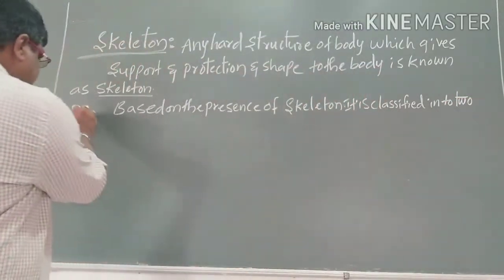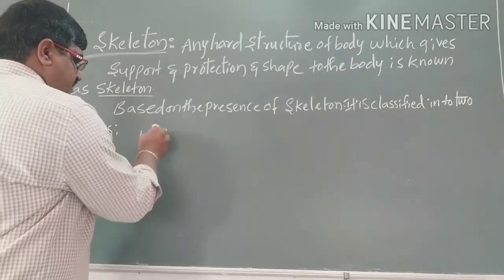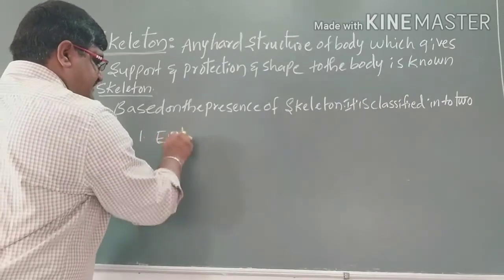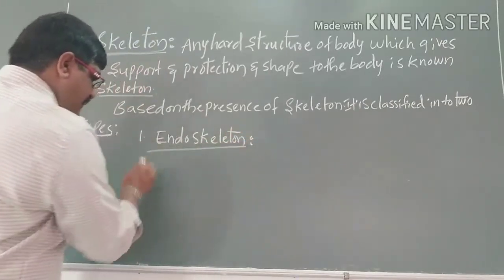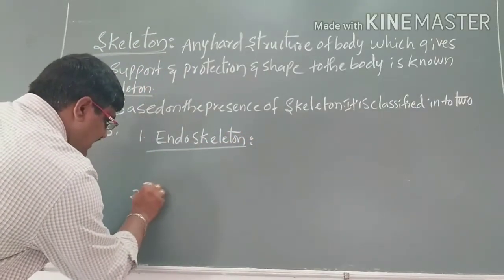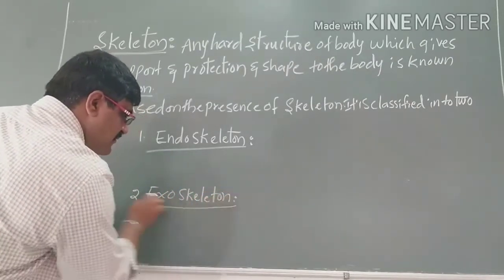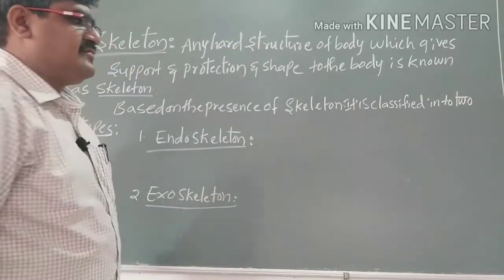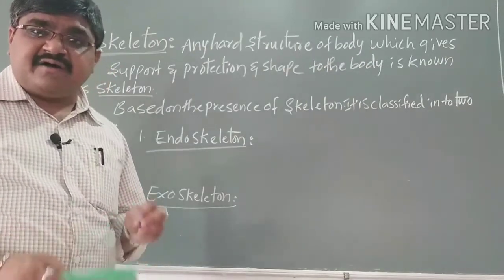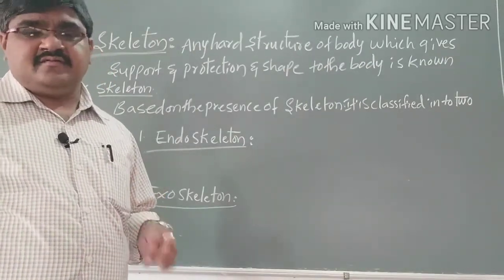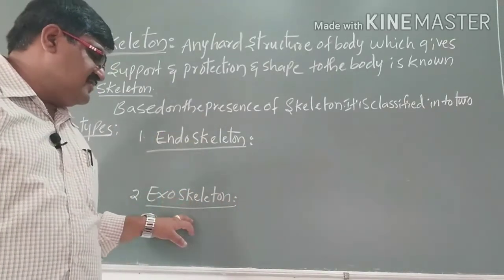One is endoskeleton and the second one is exoskeleton. So here the skeleton is classified into two types. The first one is called endoskeleton, and the second one is exoskeleton.